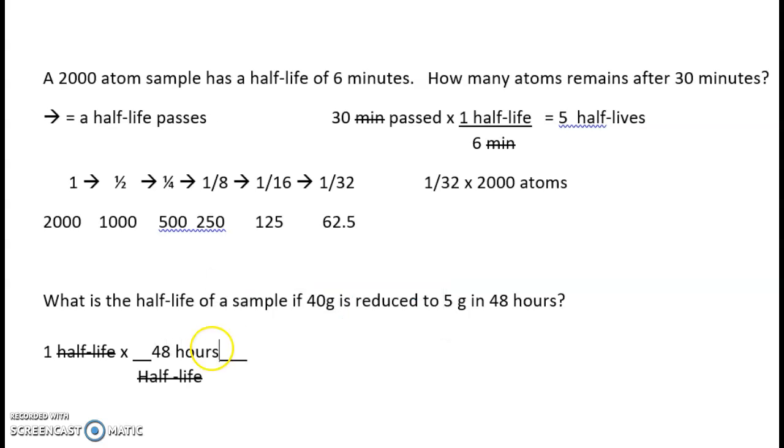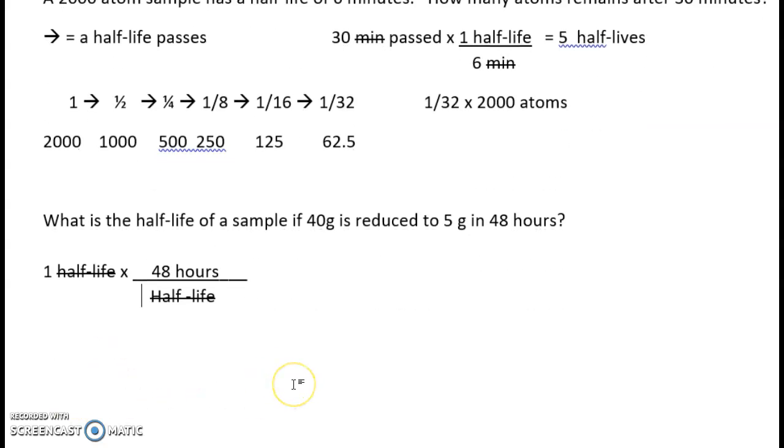We're looking for a time, and that should be underlined, so we'll underline that there. So this is the setup here. It's basically 48 hours divided by the number of half-lives that have gone by. So you're splitting this 48 hours into a certain number of half-lives, 1 or 2 or 3 or something like that. And this is how it's shown as a conversion.